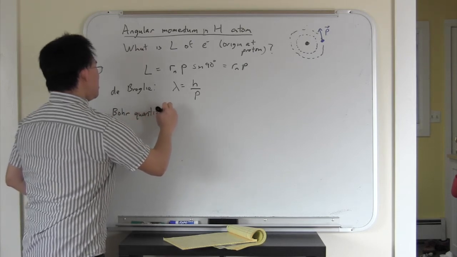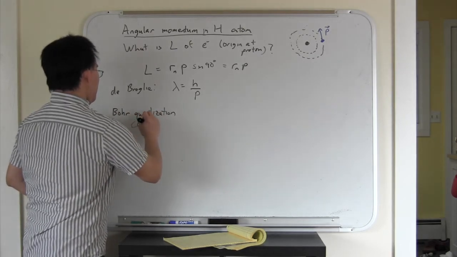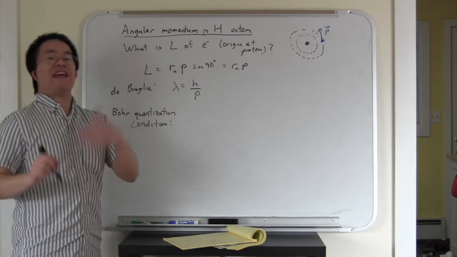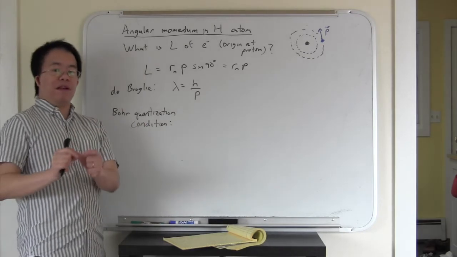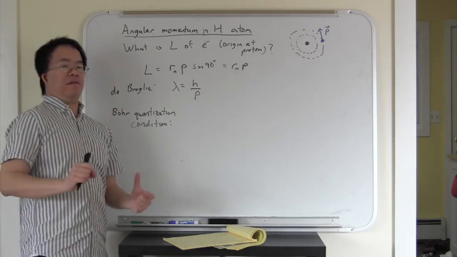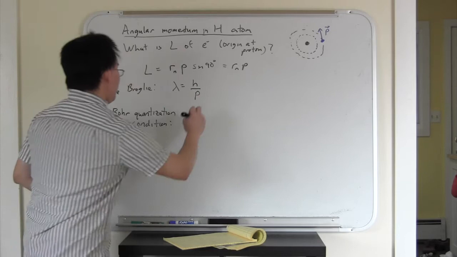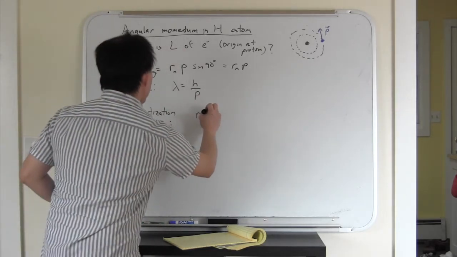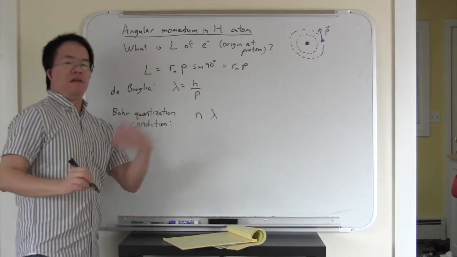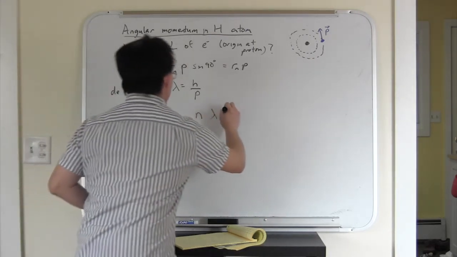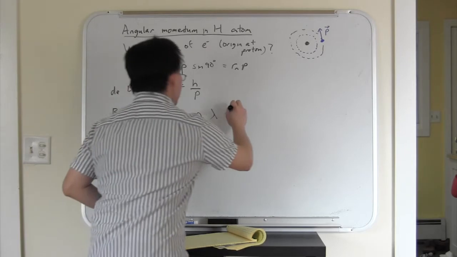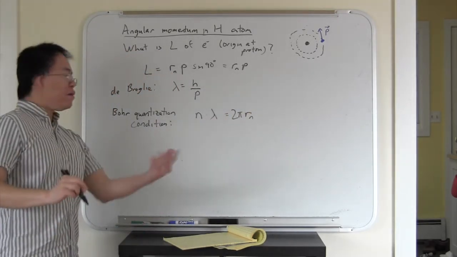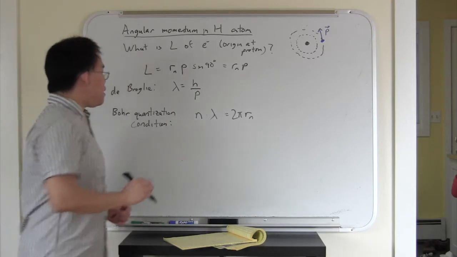And that quantization condition, remember, was that you have to fit an integer number of wavelengths around a given radius. So we had n times lambda, where lambda is the electron's de Broglie wavelength, equals 2 pi times the nth orbit radius.